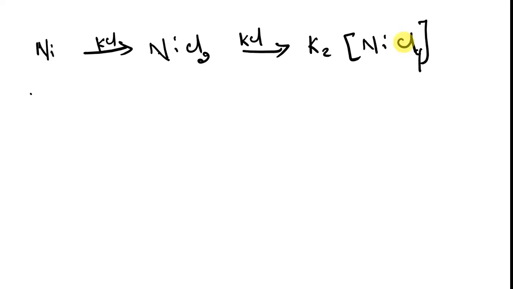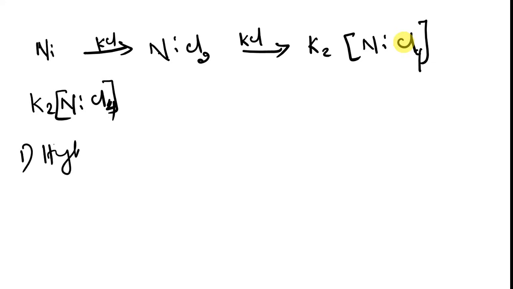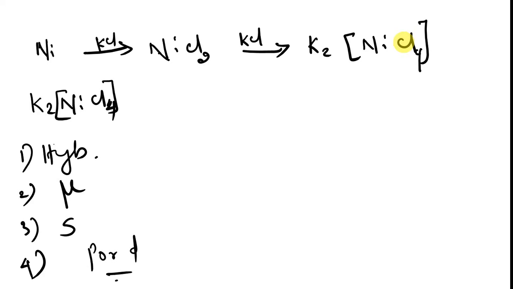So this is the compound, K2NiCl4. For this compound, we have to find first the hybridization, second the magnetic moment, third the spin multiplicity, and fourth the nature, either para or dia. So let us check it out.